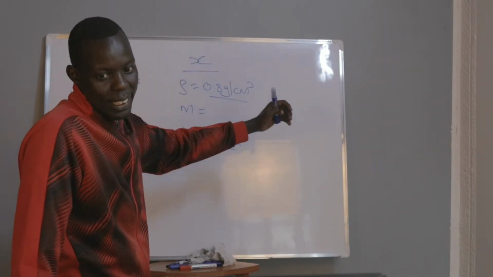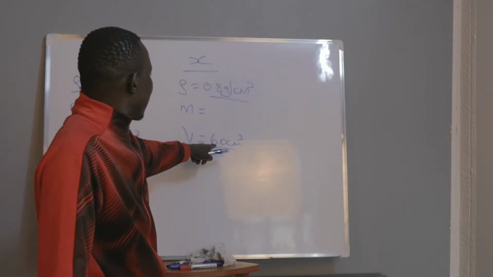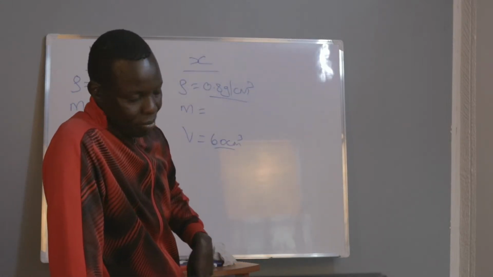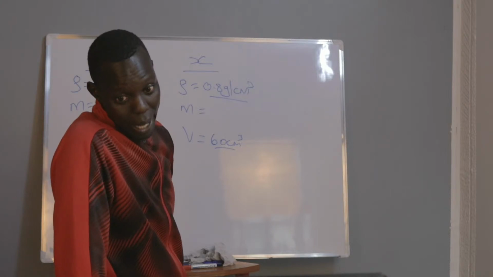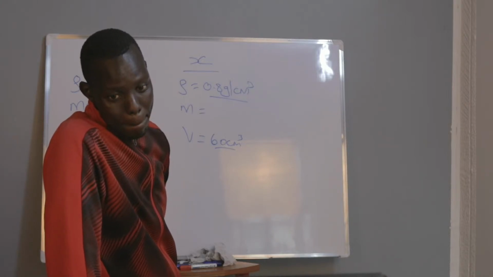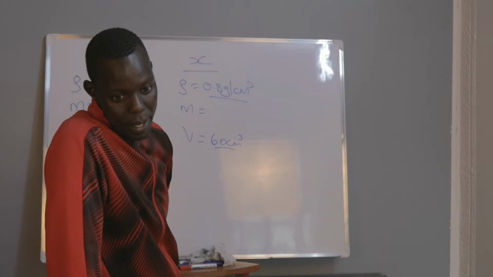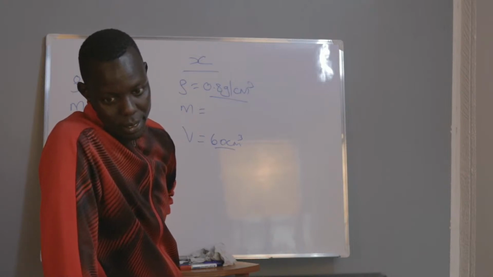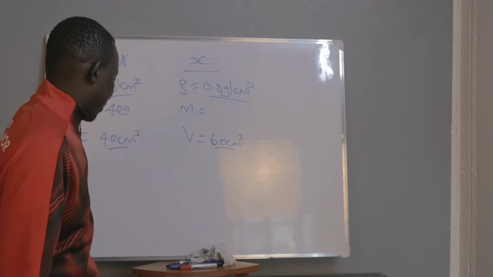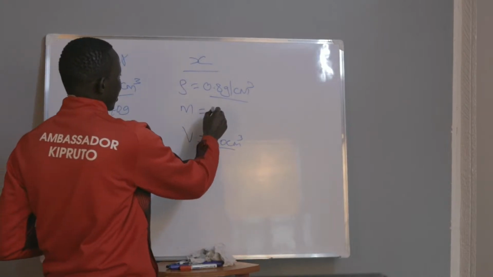First of all, it should be less than 60 because we are multiplying 60 with a number less than 1. Reagan? 48. Yes, it will be 48 grams.